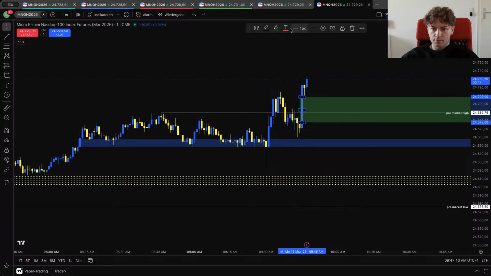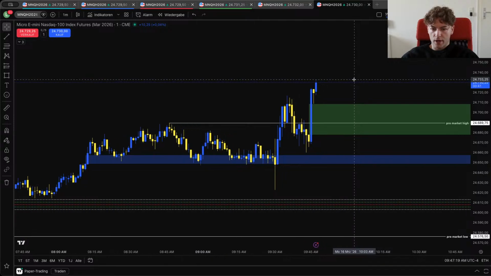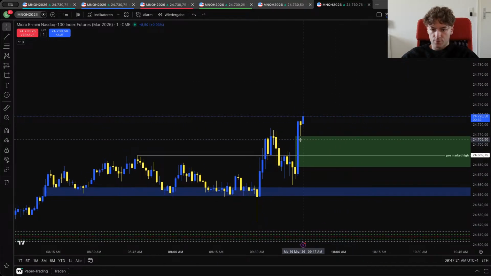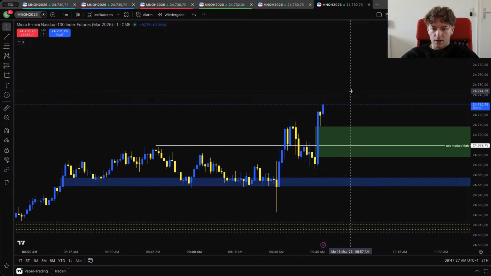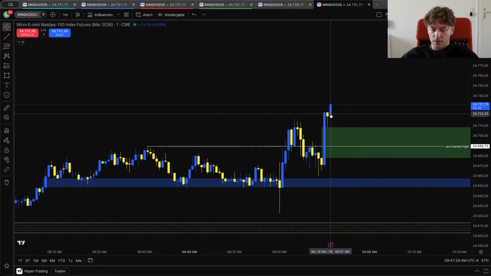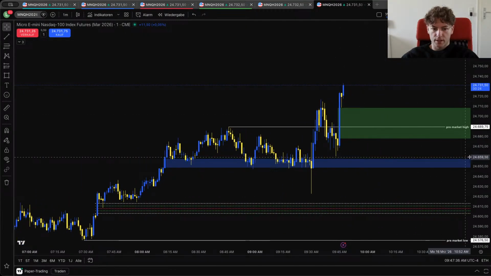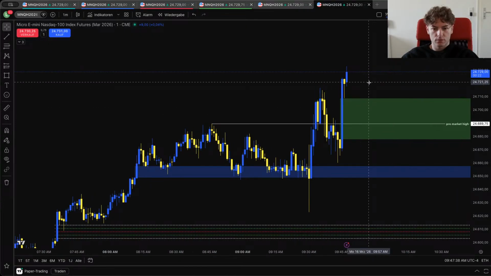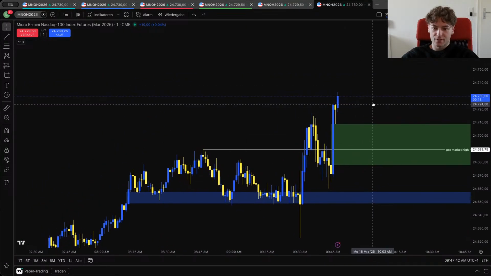First percent fair value gap right here. So if price is actually wanting to go higher, this first percent fair value gap here will hold price higher, okay? And if we trade below this first percent fair value gap, we are looking for shorts, okay?